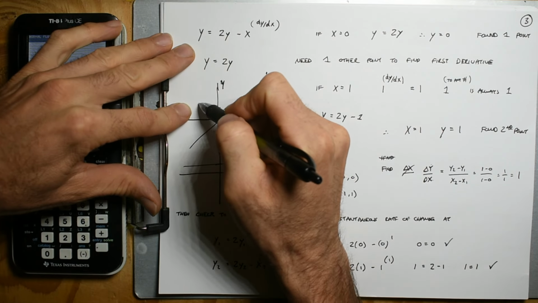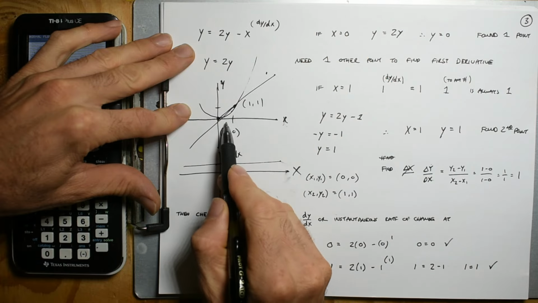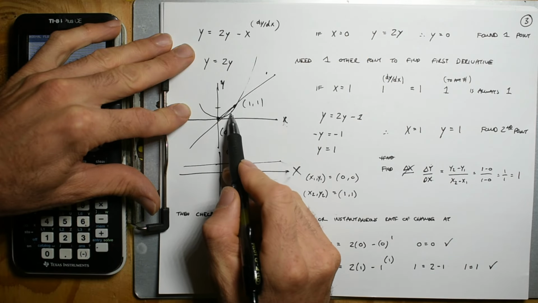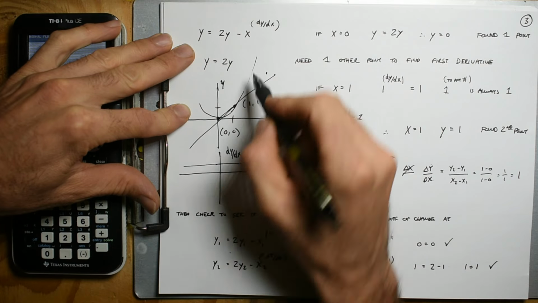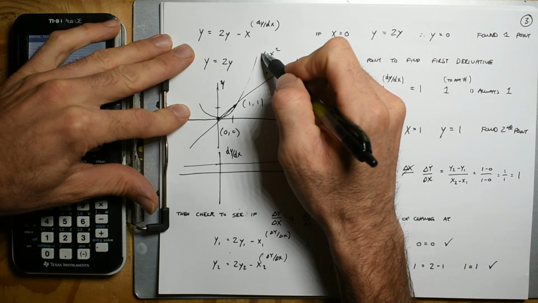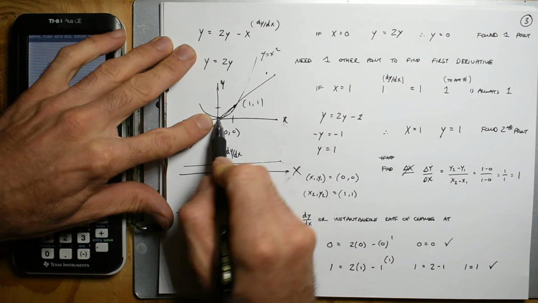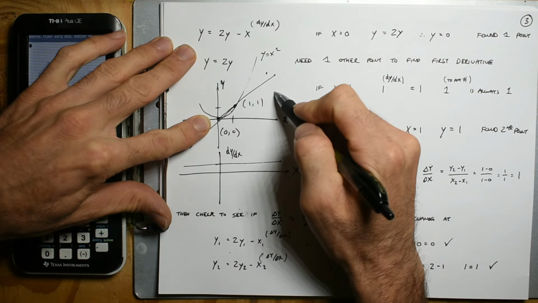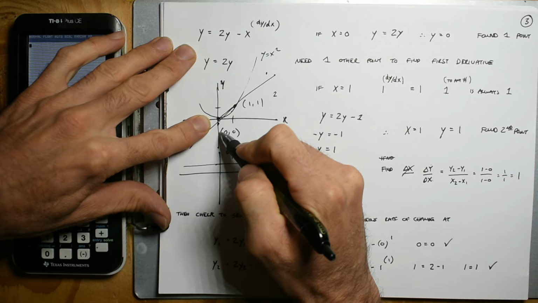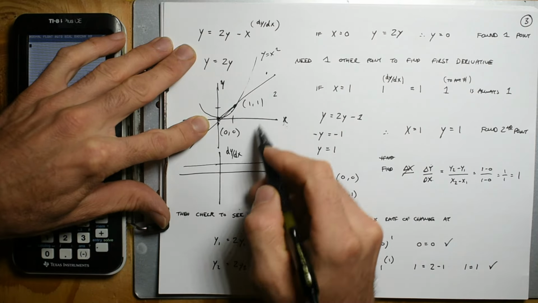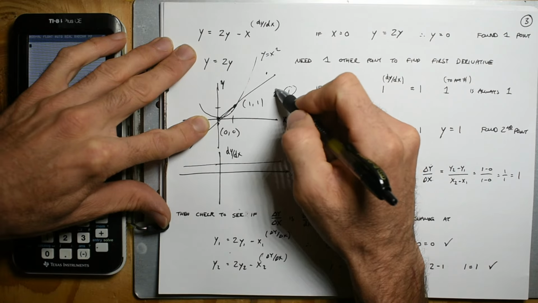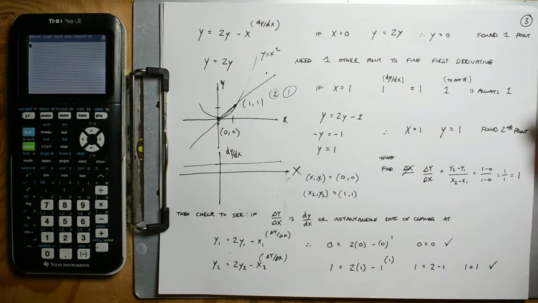Now this equation might be doing something like that, where this isn't the actual slope. You know what I mean? And if this equation was x squared, the slope right here at 0, 0 is going to be 0, and the slope right here at 1, 1 is going to be 2. It's going to have an average slope of 1, but that's what we're finding.